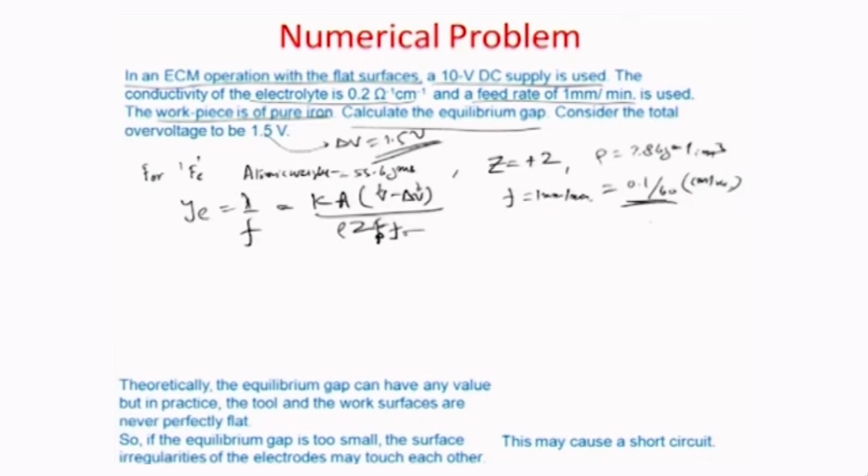We first find what Ye is. So, the conductivity is 0.2 ohm inverse centimeter inverse, atomic weight 55.6, times V minus delta V. As you know, 10 volts is the available voltage, the over voltage is 1.5.